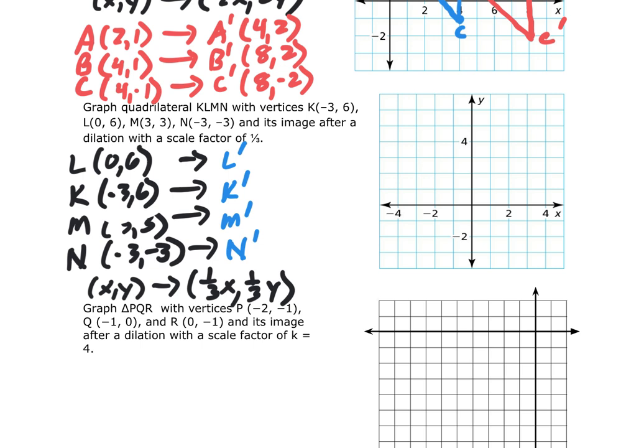So you have a choice. You can put it in the calculator and take 6 times 1/3, or you can simply divide by 3. If you were going to multiply by 1/3, most of you would probably say, I need a calculator. But we really don't need a calculator here. 0 divided by 3 is still 0. 6 divided by 3 is 2. So my new ordered pair is going to be 0, 2.